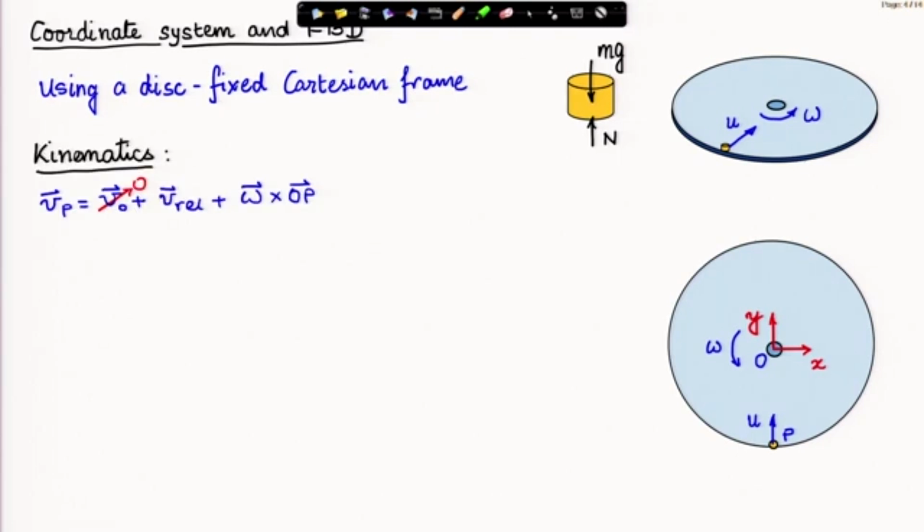Now, the kinematics. The velocity of the cylinder as observed by an inertial observer is equal to the velocity as observed by the disc fixed observer at O, plus V rel, the relative velocity as seen by the observer in his or her frame, plus omega cross OP vector.